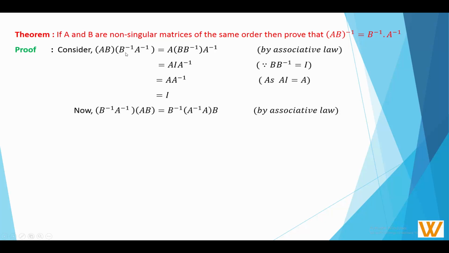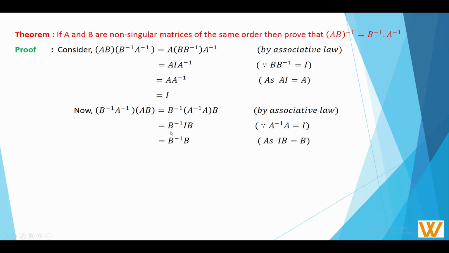Now consider B inverse A inverse into AB, the reverse product. B inverse A inverse into AB is equal to, again applying the associative property for the middle two terms, B inverse into A inverse into A into B. Therefore A inverse into A is I, so B inverse into I into B. I is 1 in matrix, so I into B is B only.